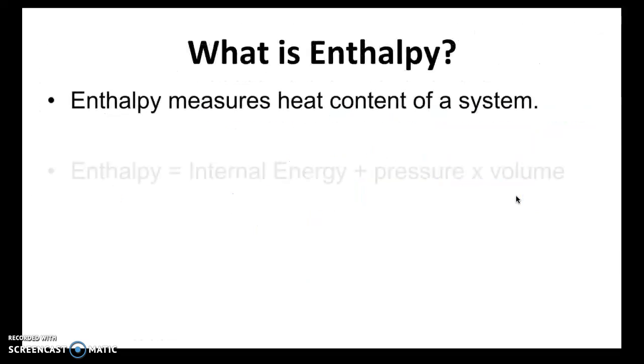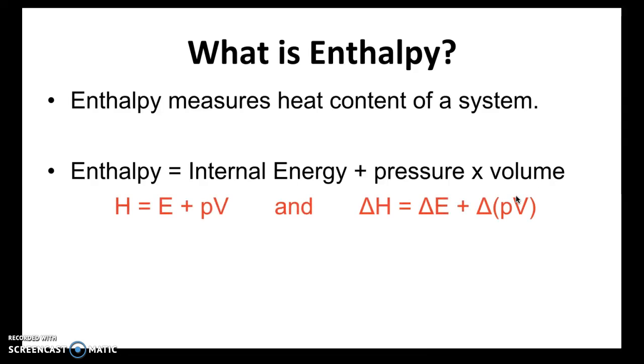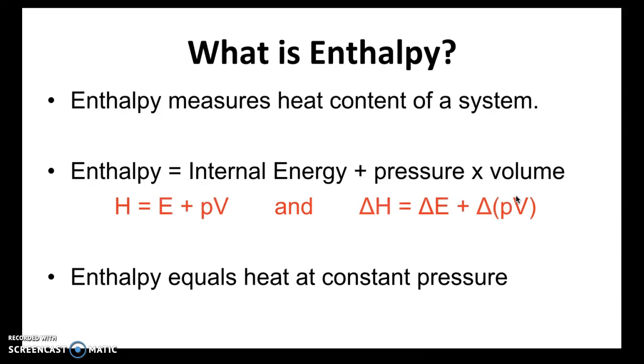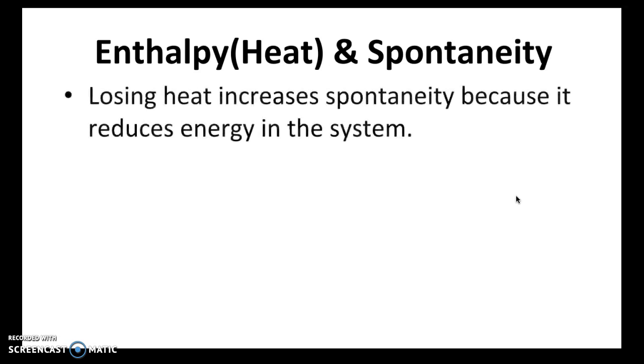And we've talked about enthalpy before. We know it measures the heat content of a system. We looked at these equations to prove that the enthalpy is equal to heat at constant pressure. Now, we just talked about that enthalpy, by losing heat, it increases spontaneity because it reduces the energy in the system.